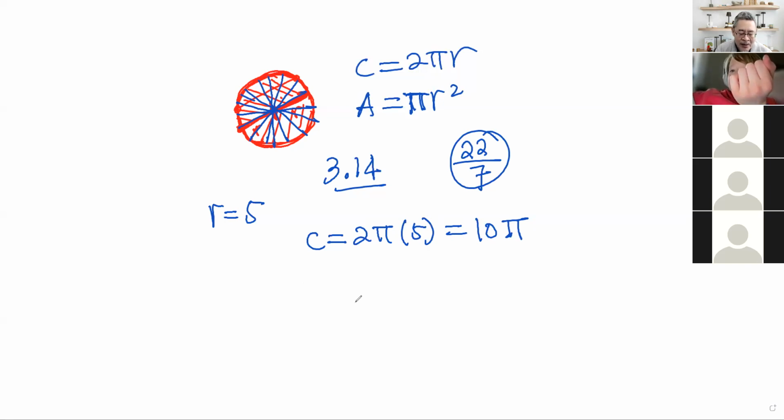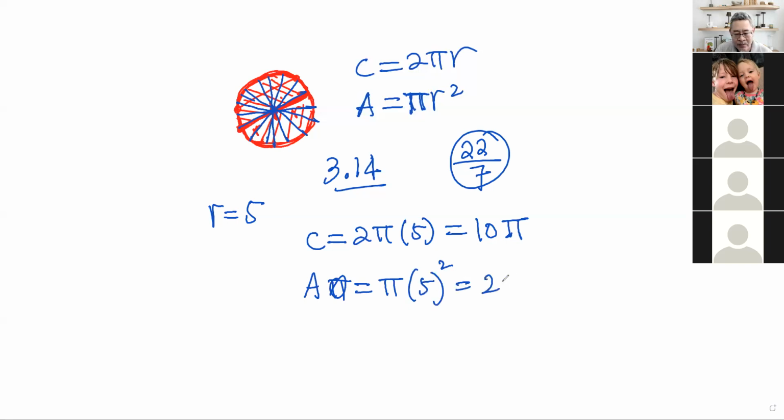Sometimes they will want us to make an approximation, and they will tell us to what digit to round the answer. If they don't say anything, then we just keep pi. So the area is pi r squared. r is 5, so that's 25. So 25 pi. We just write it like that.